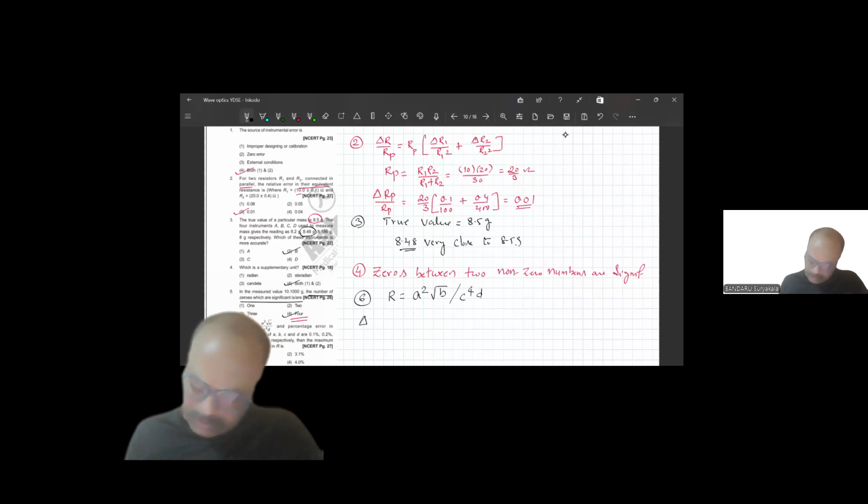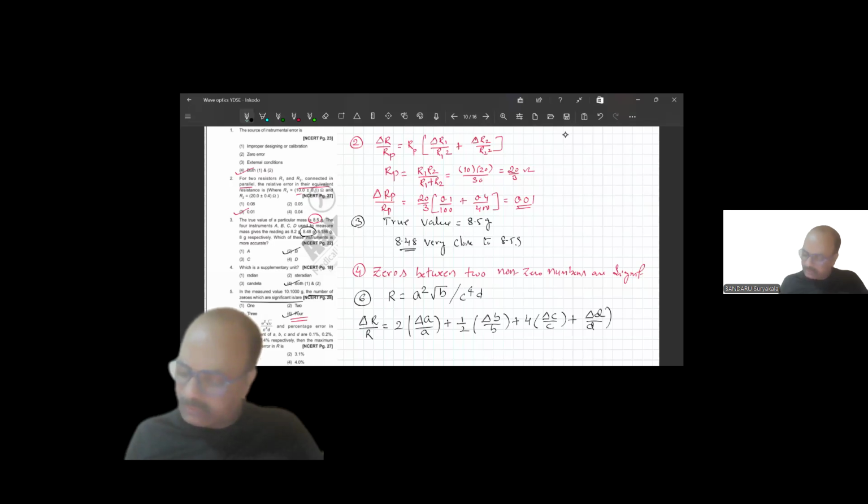So we can use the formula delta R by R is equal to 2 times delta a by a plus, root means it becomes 1 by 2 times delta b by b, plus 4 times delta c by c plus delta d by d.